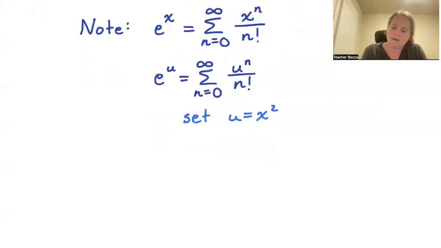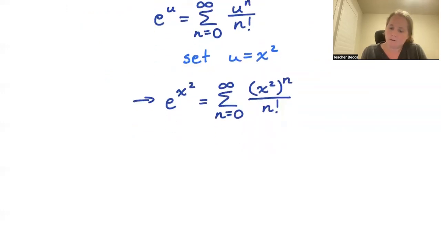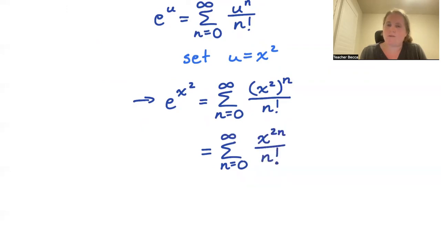then we get that e to the x squared is equal to the sum from n equals 0 to infinity of x squared raised to the n over n factorial, otherwise known as the sum from n equals 0 to infinity of x to the 2n over n factorial.